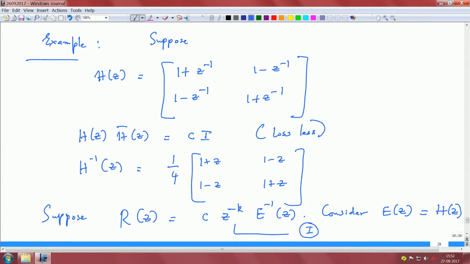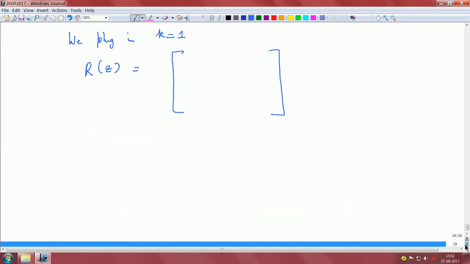So basically it is z power minus 1 times this term, and so forth, right. So I do this, I get 1 plus z power minus 1, z power minus 1 minus 1, z power minus 1 minus 1, 1 plus z power minus 1.